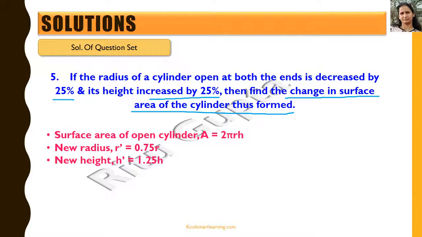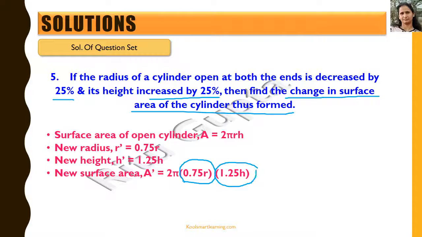The new height H dash is equal to 1.25 H, which is 25% more than the original height H. So the new surface area A dash will be equal to 2 pi R dash into H dash, which is 2 pi into 0.75 R into 1.25 H, which becomes 0.9375 A. So which means the area reduces by 6.25%.